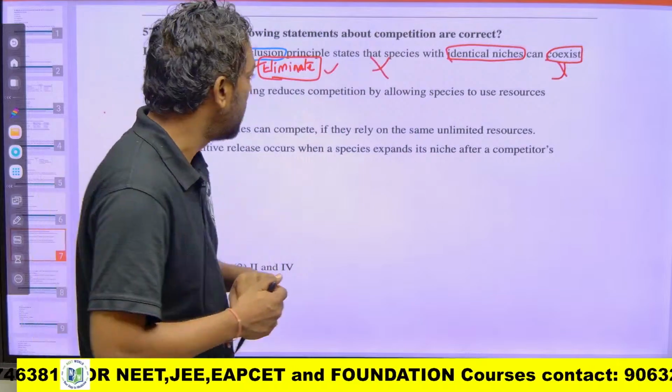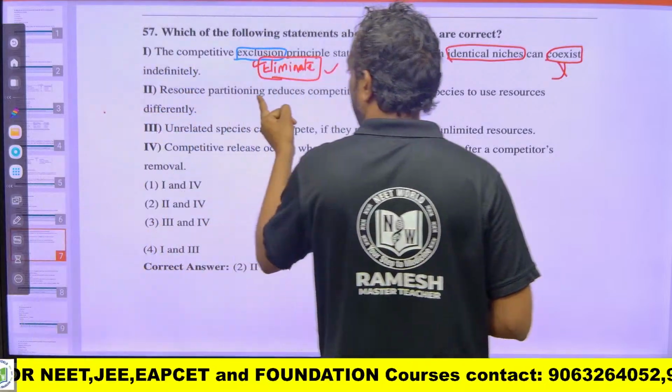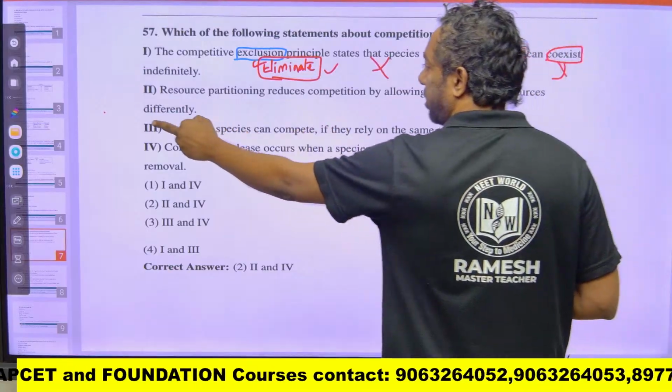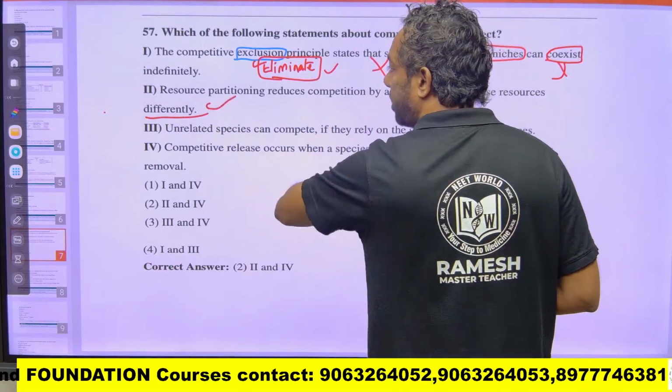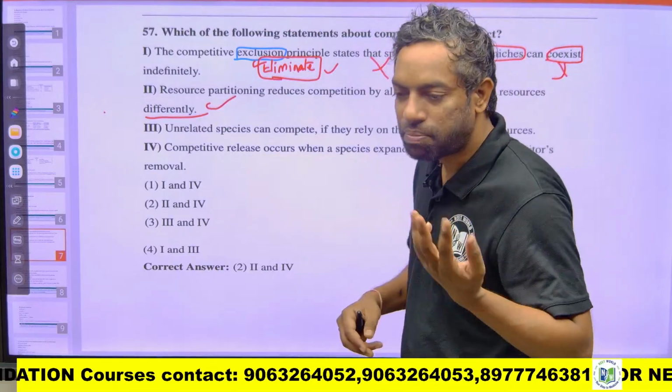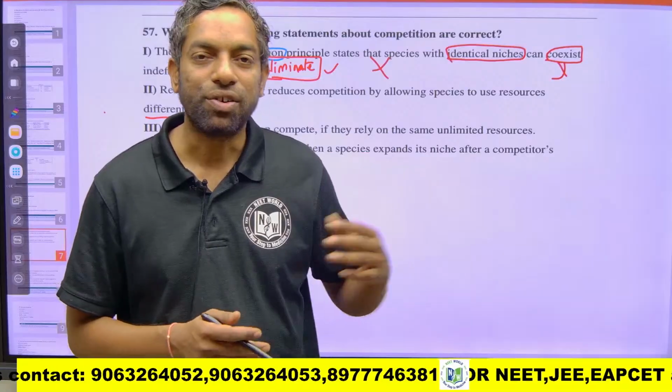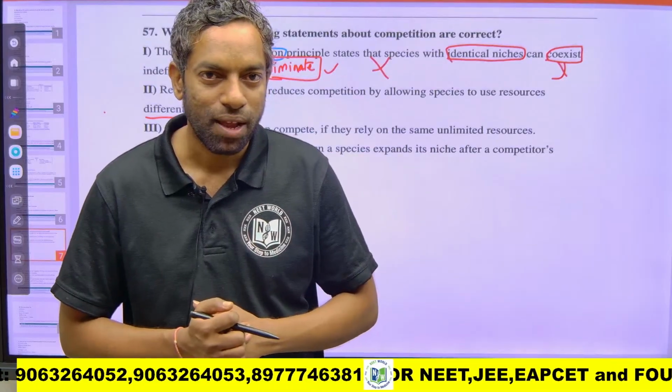And statement 2, resource partitioning reduces competition by allowing species to use resources differently. Of course, this is exactly the right answer, resource partitioning. Say there are 10 mangoes.